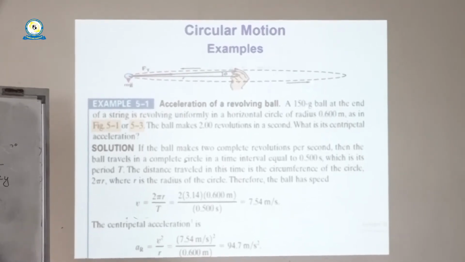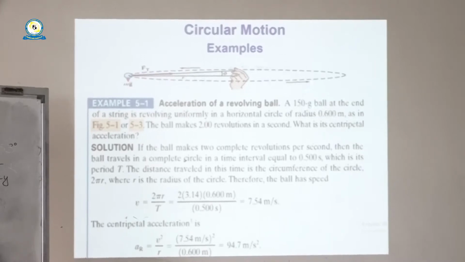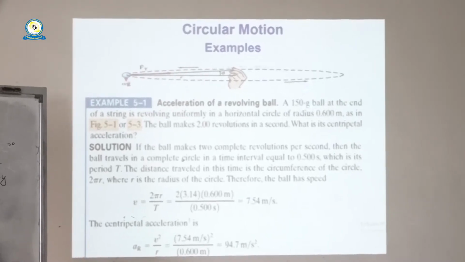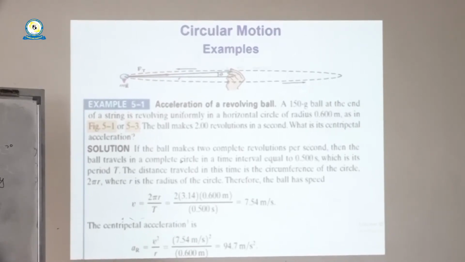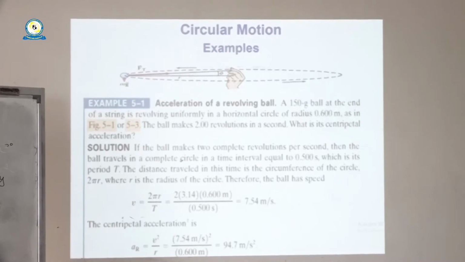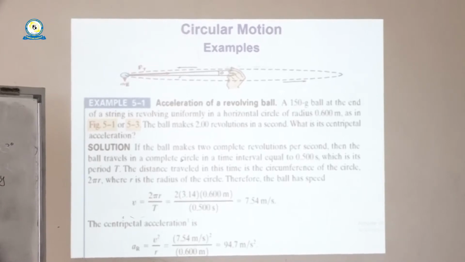Solution. If the ball makes 2 complete revolutions per second, then the ball travels in a complete circle in a time interval equal to 0.5 seconds, which is its period, T. The distance traveled in this time is the circumference of the circle, 2πr, where r is the radius of the circle.